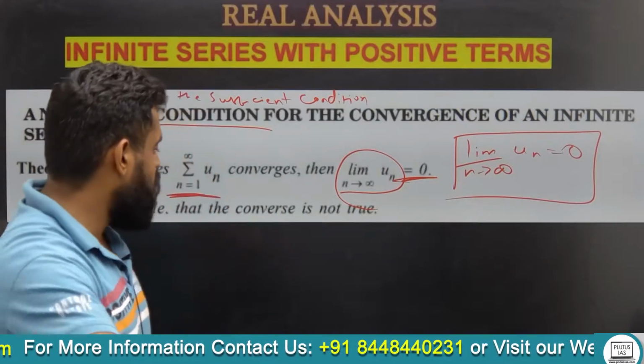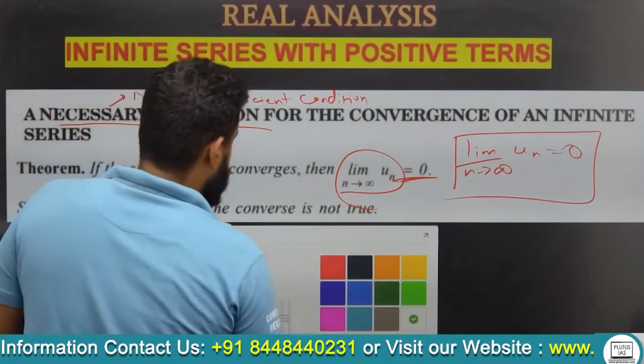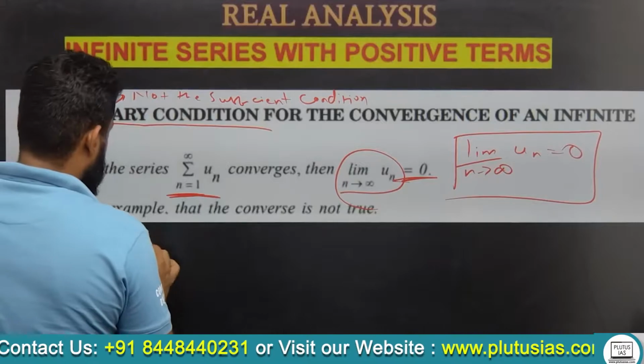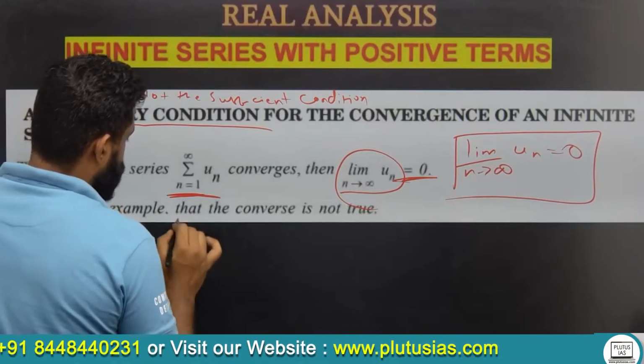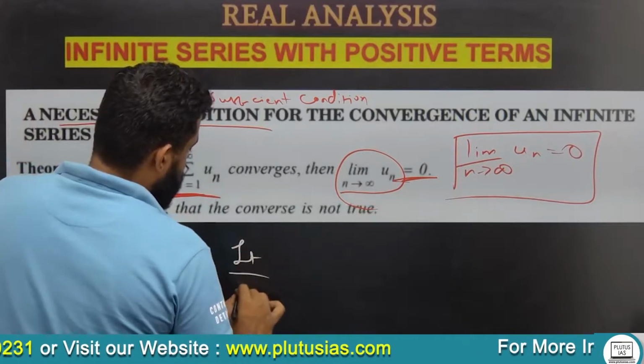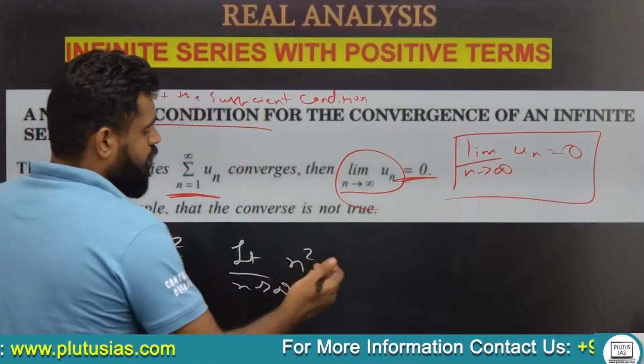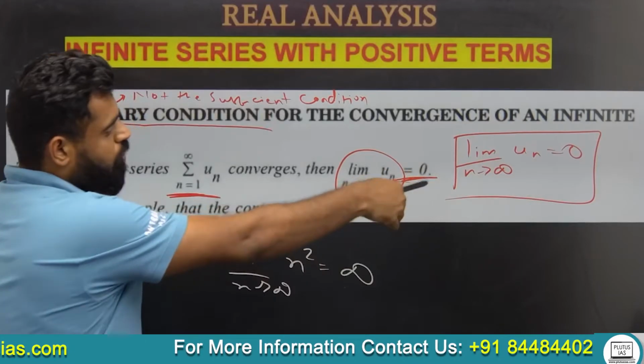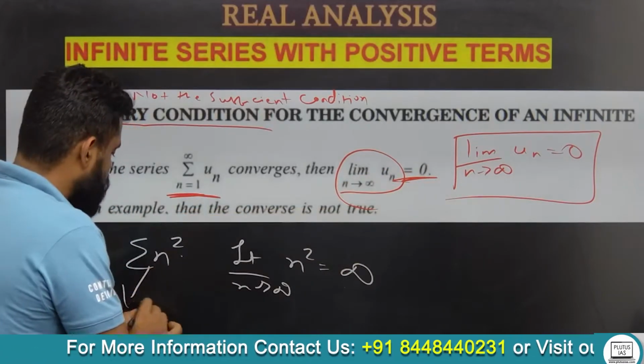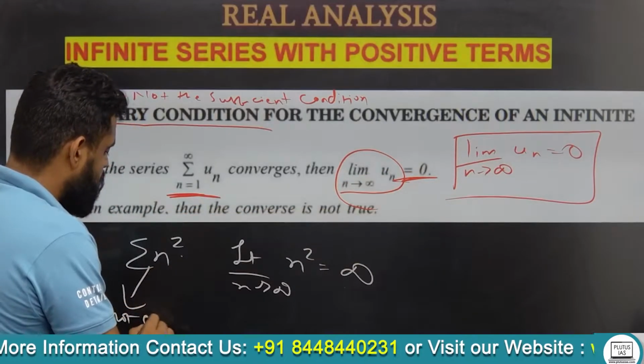We have seen the case of this example. Take the case of this example, that is what we took, summation n square. If we take limit n tends to infinity, n square, this would be infinity. So it is not equal to 0. So this series will not converge, it will diverge.